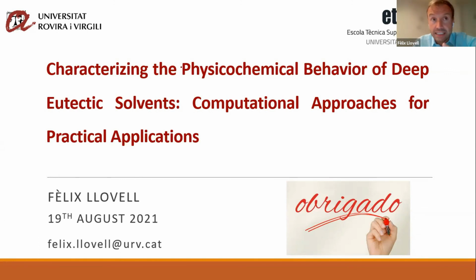But that said, it would be possible to check, for instance, by increasing the chain length of one of the two components in the mixture, or by increasing the asymmetry of the system, to see if a liquid-liquid demixing and a closed loop would be predicted by an equation such as that. Yeah, thank you.